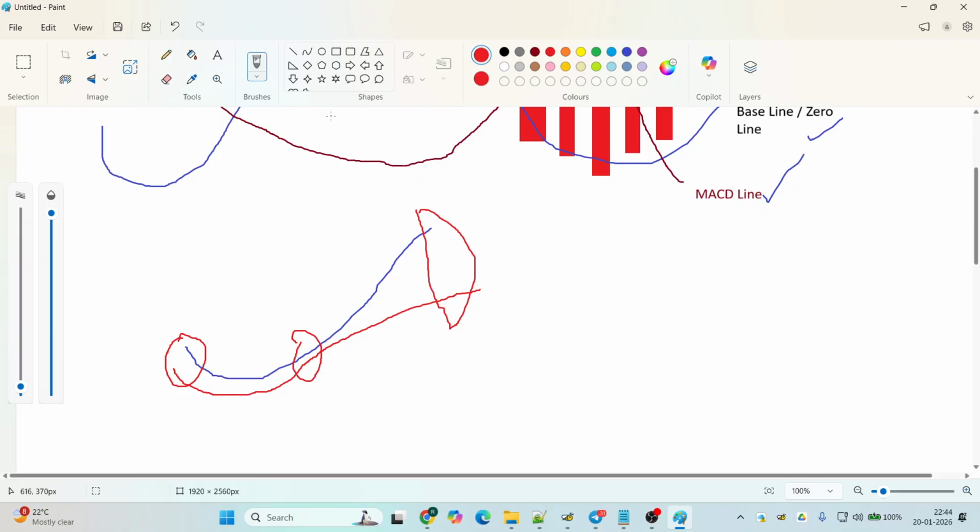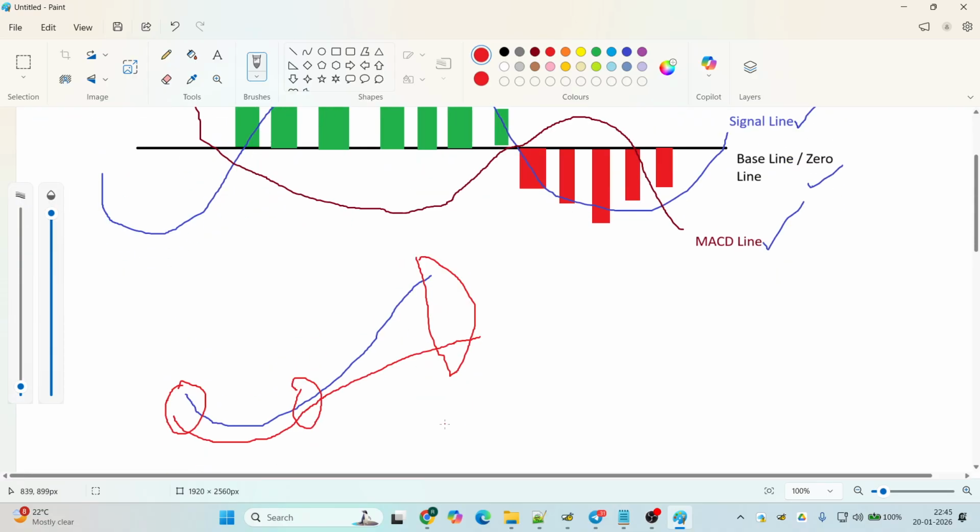How is the histogram calculated? The histogram's size depends upon the distance between the moving averages. In this case, this is a very short distance, and this is a very huge distance. Whenever the distances are very short, you get a very small histogram bar, and the green and red depends on whether the stock is in a bullish or a bearish phase, an uptrend or a downtrend. You can see that. So this is all that there is to MACD.